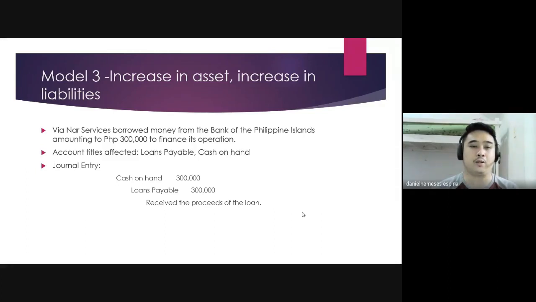So, for example, there are cases where the cash of the business is not enough to finance its operation, right? If you notice, there are many accounts receivable, which are collectible. Okay, you can also make your expenses payable later, but most of them are paid in cash. For example, salary of your employees, payment of bills, payment of rent.